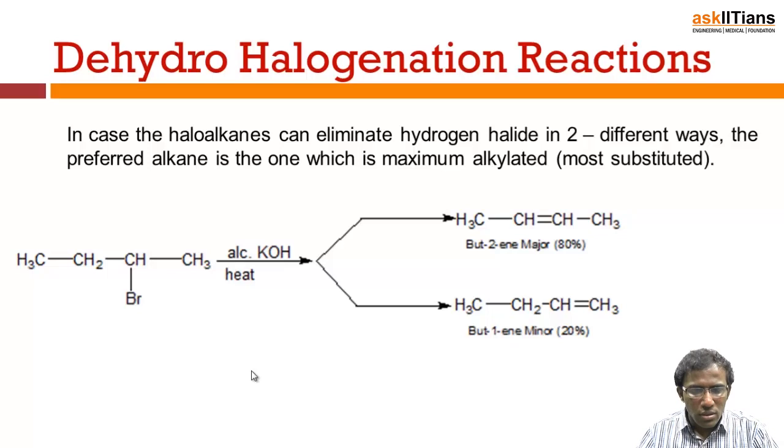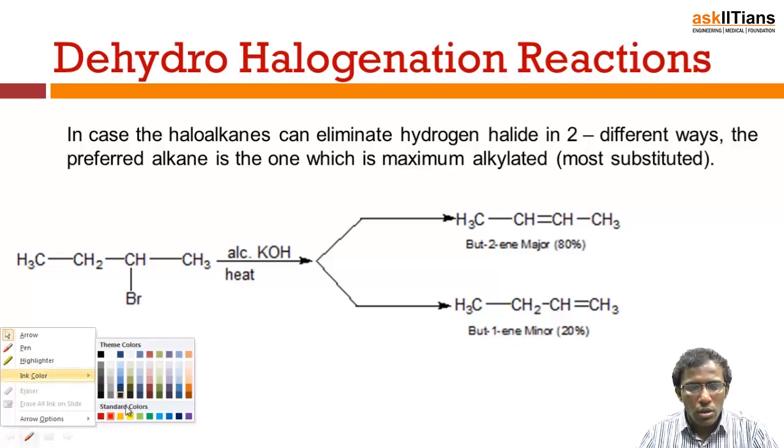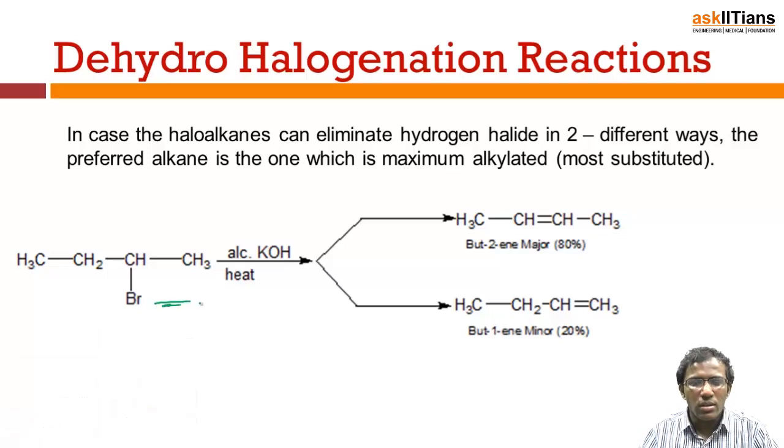If you get into more detail of dehydrohalogenation, you can see this is an example. In the case of haloalkanes, there is a possibility that more than one alkene may be formed. Like you can see in this example, where I have taken 2-bromobutane.